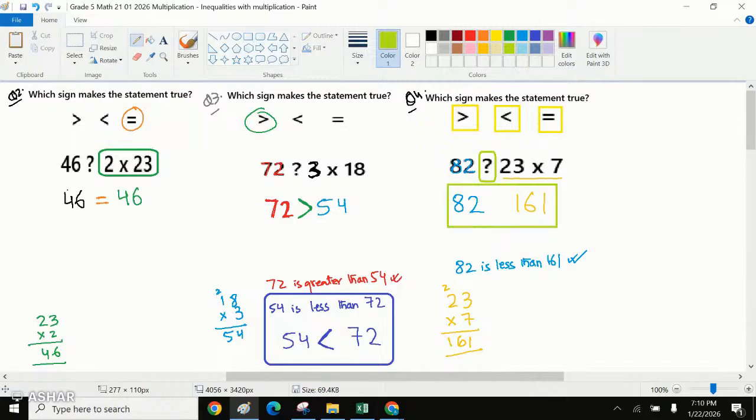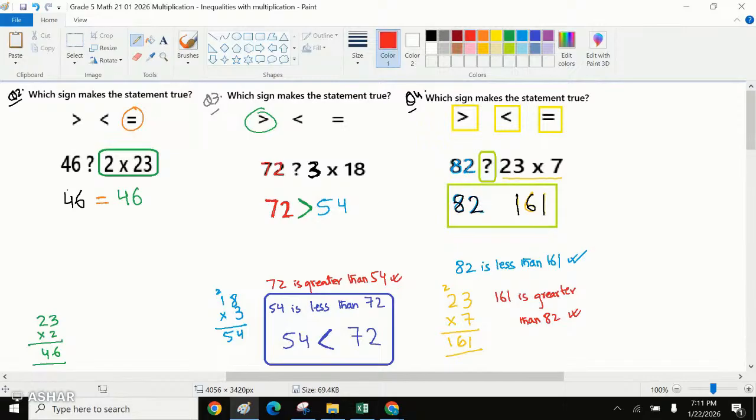So 161 is a bigger number, or we can also say that 161 is greater than 82. Agreed? So whenever we need to pick up a sign out of these, whichever number is greater out of these two numbers will have the open end of the sign.